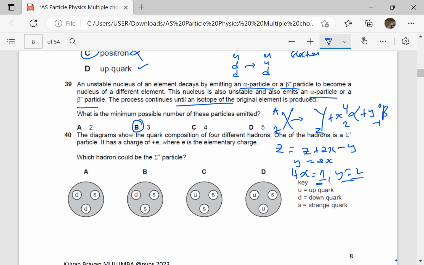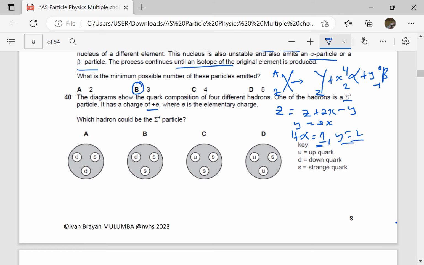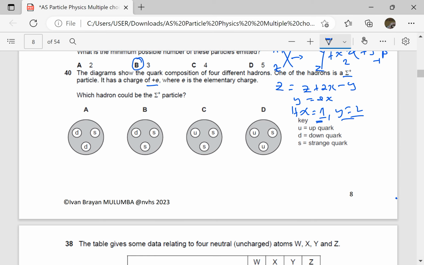The diagram shows the quark composition of 4 different hadrons. One of the hadrons is sigma plus. It has a charge of positive e, where e is the elementary charge. Which hadron could be the sigma plus particle? So we just check the charge. This one is down, down, down.